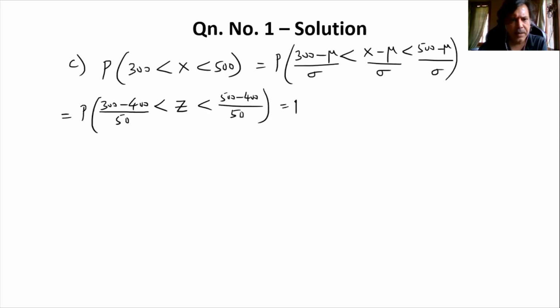So this is the probability of 300 minus 400 is negative 100, negative 100 by 50 is minus 2, less than Z, less than 100 by 50 which is again 2.